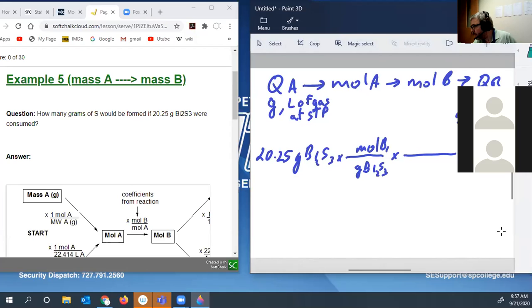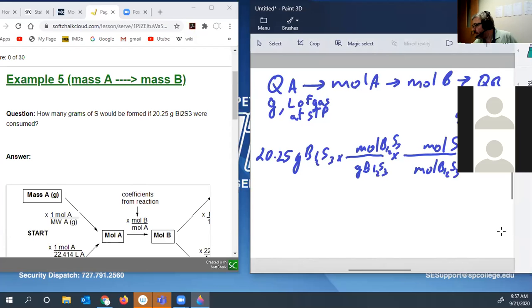Moles of Bi2S3, if we just do it that way. And you notice I'm not putting any numbers yet. I'm just putting in units because I love dimensional analysis. And then next we're going to do moles of sulfur, and then moles of Bi2S3 go on the bottom. And then grams of sulfur goes on top, and then moles of sulfur goes on the bottom.